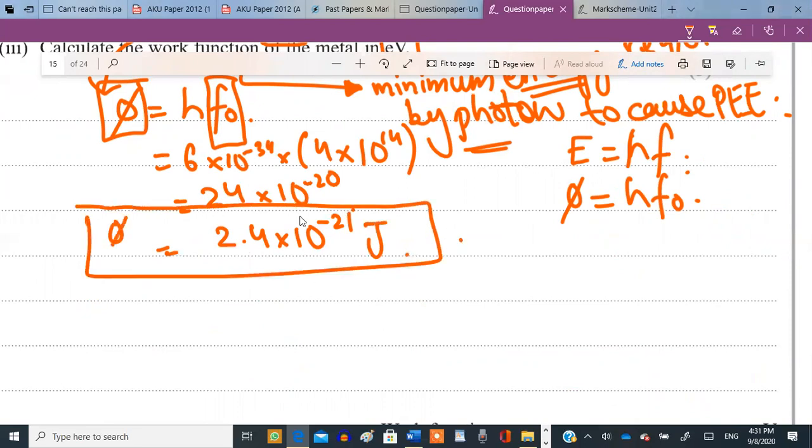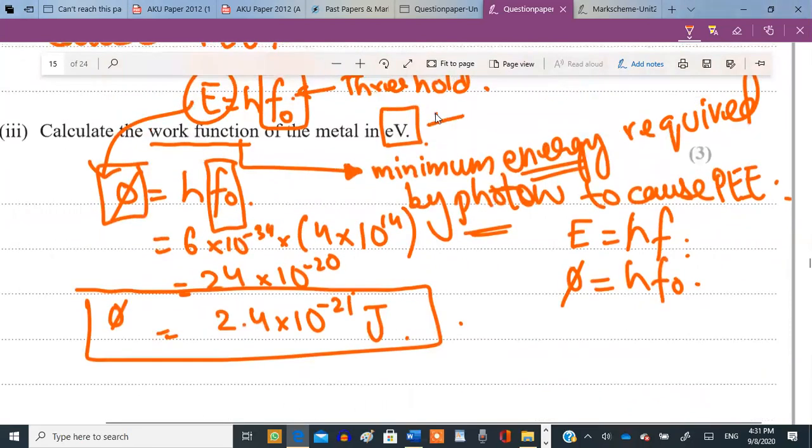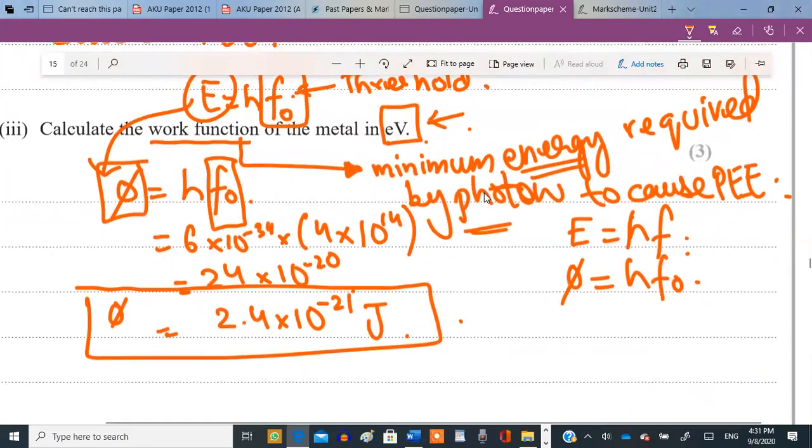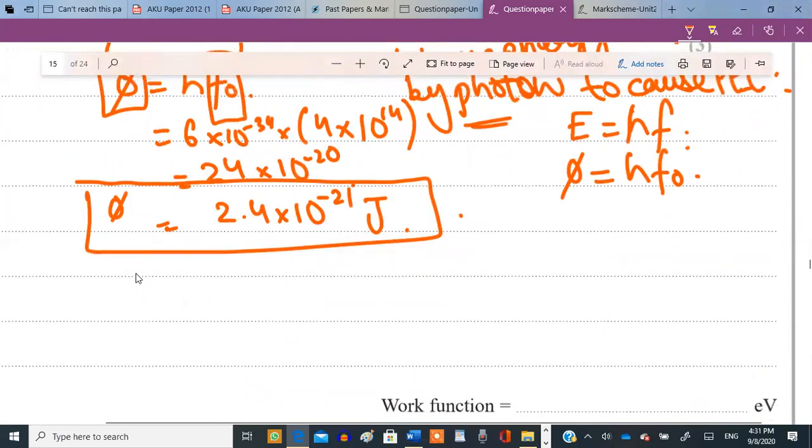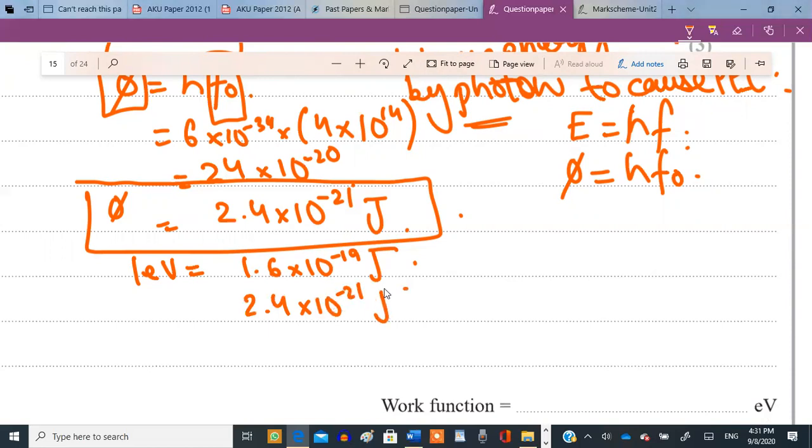But what did they ask us in? They asked us in electron volts. So what's the conversion factor from joules to electron volts? 1 electron volt equals 1.6 raised to the power of minus 19 joules. So if we have 2.4 raised to the power of minus 21 joules, how many electron volts do we require?